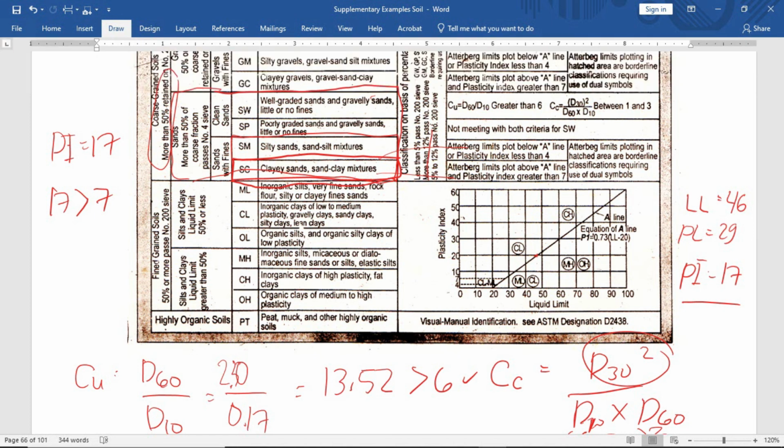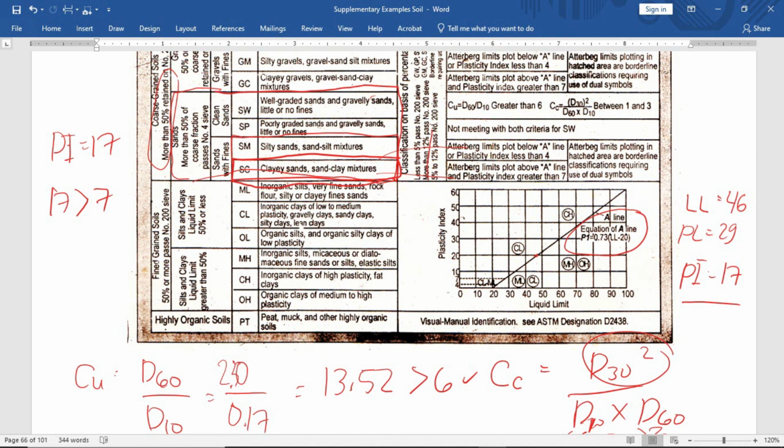Yung A line natin dito. May equation tayo ng A line: PI is equal to 0.73 times LL minus 20. So, yan yung equation ng line natin.